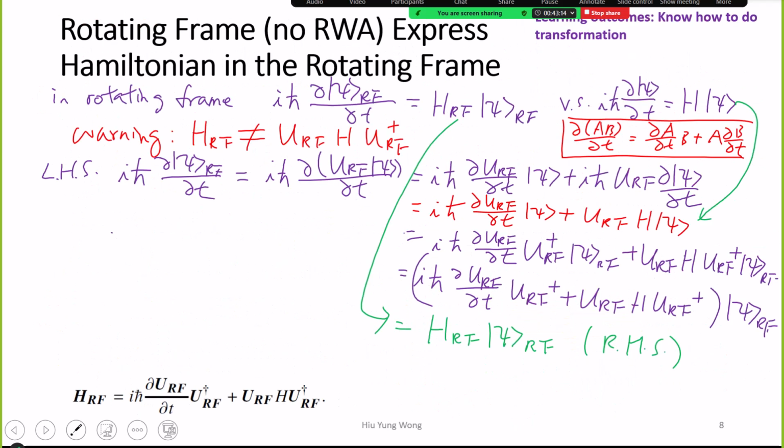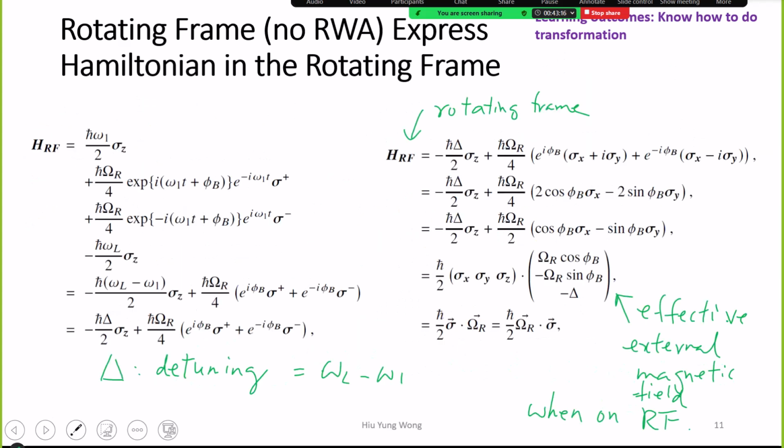Fine, it's difficult. But finally, I see that in the rotating frame, I get this expression. Isn't that also a Pauli vector dot product with a vector? So I can call this the effective magnetic field, because in reality, if I really had this magnetic field, then I would have this Hamiltonian. Make sense?